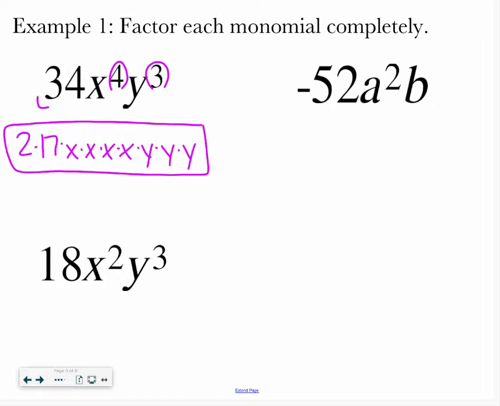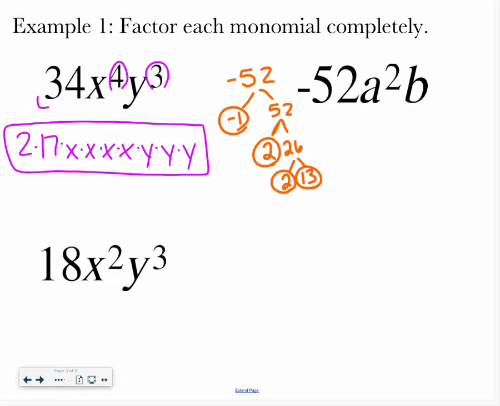Okay? Then if we look at negative 52a squared b, I know negative 52 is a product of negative 1 and 52. And then I want to break that up. Whenever you start with a negative, the first step of your factor tree should be negative 1 times that number. And then 2 times 26. 26 is 2 times 13. So I have a negative 1 times 2 times 2 times 13.